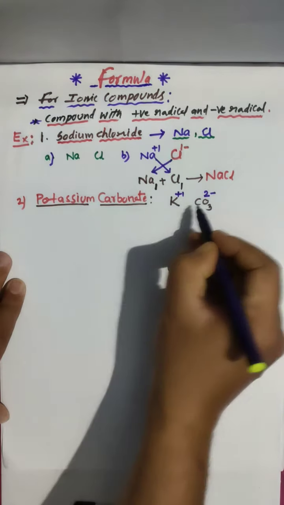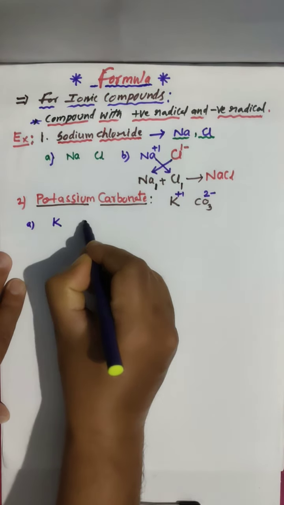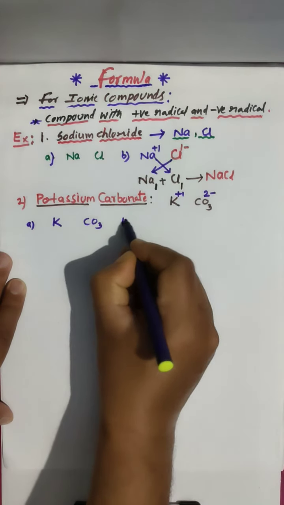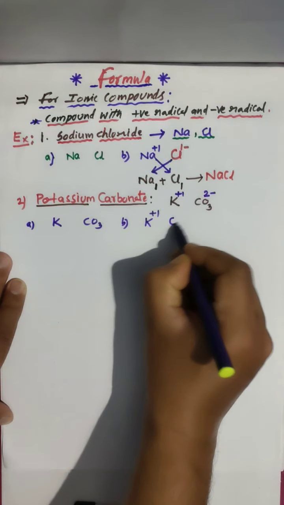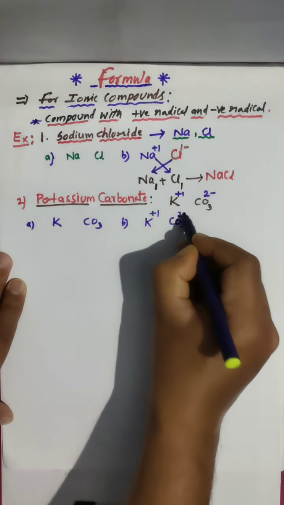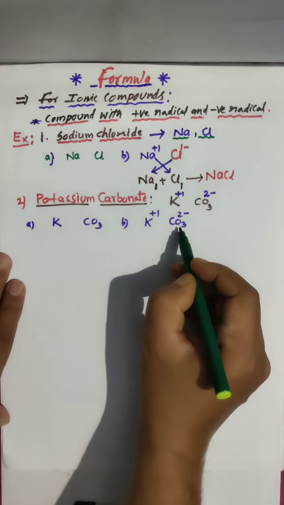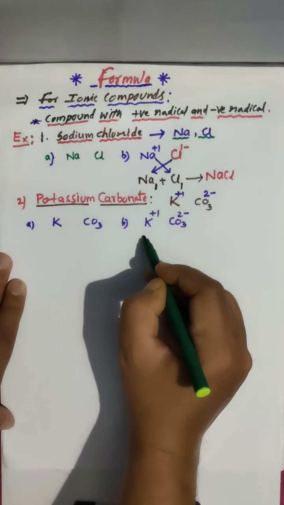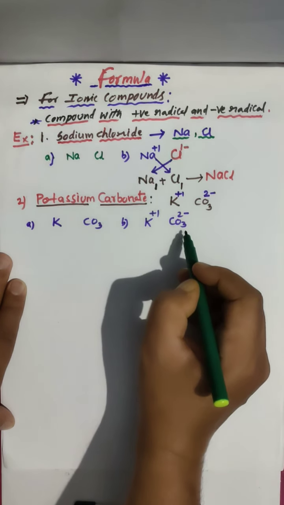So step 1, we write first their symbols. Next step, we write them along with their charges. Then the right side ion's charge goes to the left side ion, and the left side ion's charge goes to the right side.